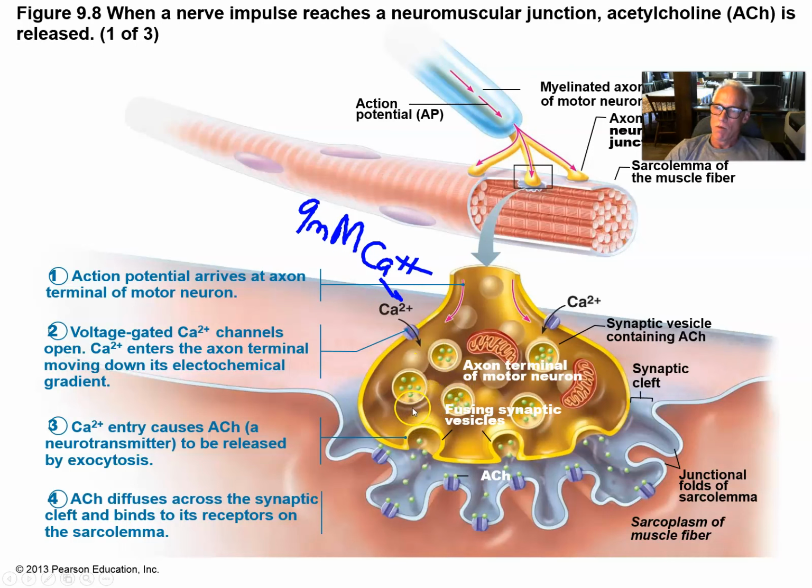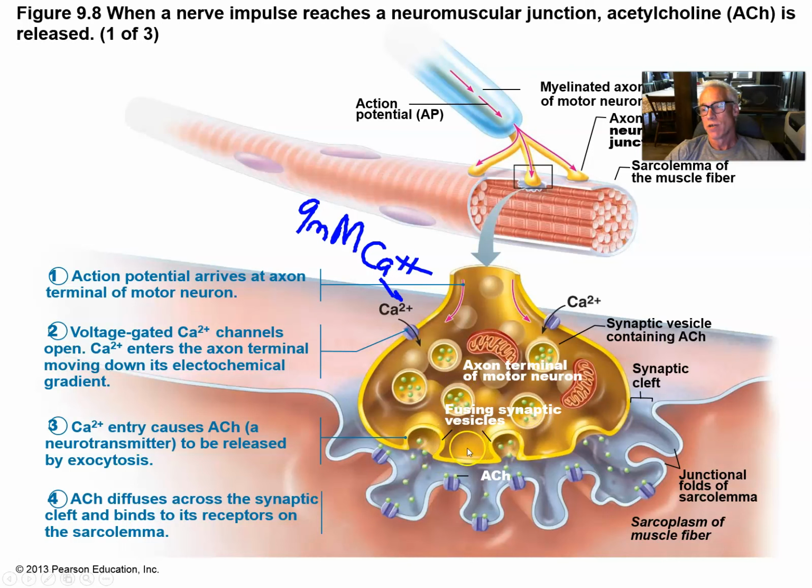I don't know if you remember, but we said in the last section that the cytoplasm of the cell, whether in this axon terminal or in the muscle cell, is vanishingly small in calcium ions. There's 1/10 millionth molar calcium in those cytoplasmic fluids, so in essence none. But there's 9 millimolar calcium in the extracellular fluid. That's a huge concentration difference. So calcium ions rush into the cell by diffusion, by virtue of their just random energy.